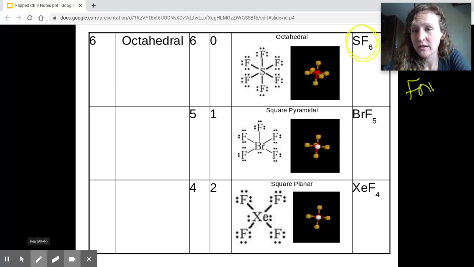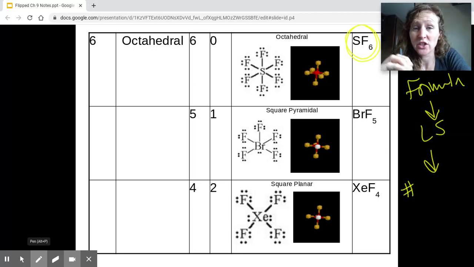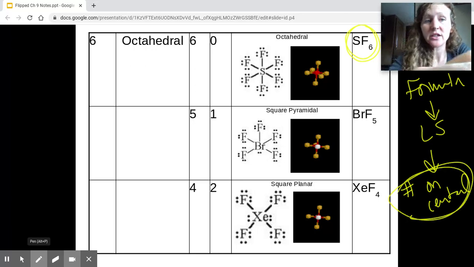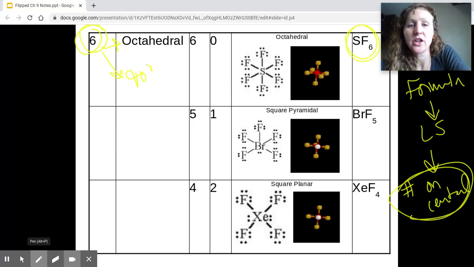So you have to go formula, draw the Lewis structure, and then identify the number of electron domains around the central atom. And once you know this, you should be able to tell me both the name and the angles that occur inside that molecule. So that's what you should know from VSEPR.